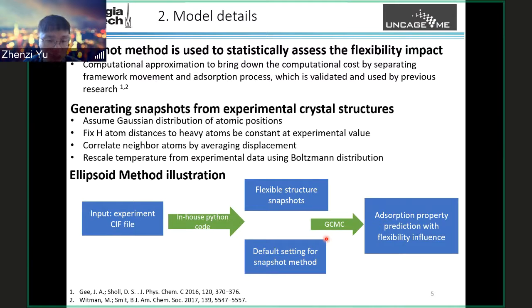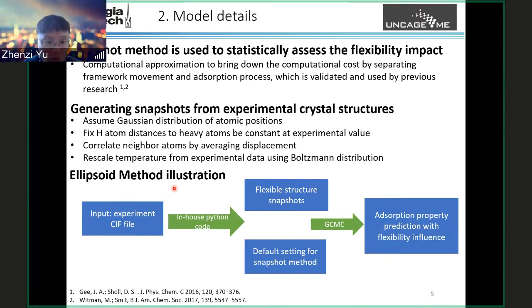And then we generate snapshots from experimental crystal structures by assuming a Gaussian distribution of atomic positions and fixing the hydrogen atom distance to heavy atoms to be constant at experimental volume. And then we correlate neighborhood atoms by average displacement. And we rescale temperature from experimental data using Boltzmann distribution. The workflow at the bottom of the slide is the illustration of our newly developed ellipsoid method.